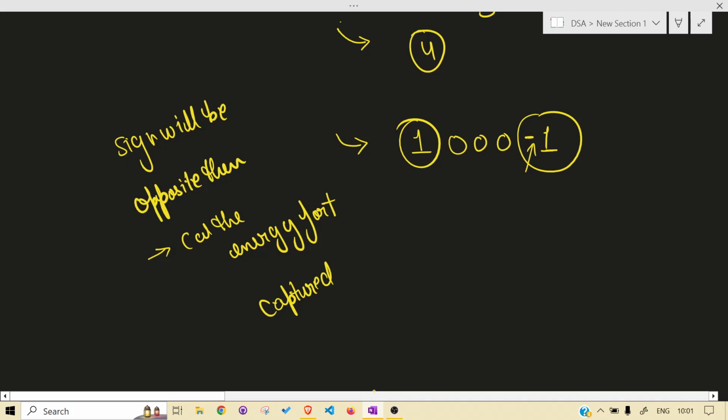Whenever we have an opposite value, this means that we have found the empty place, and now what we have to do is see how many enemy forts we captured.